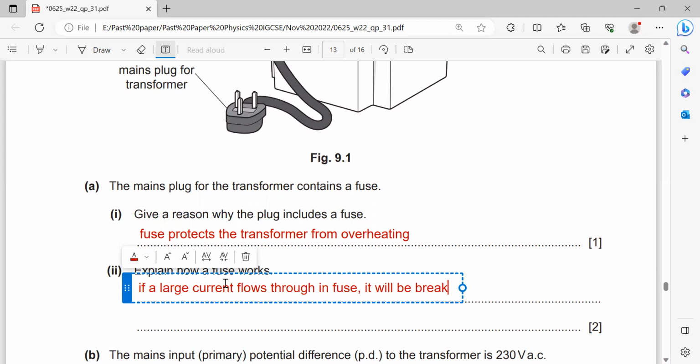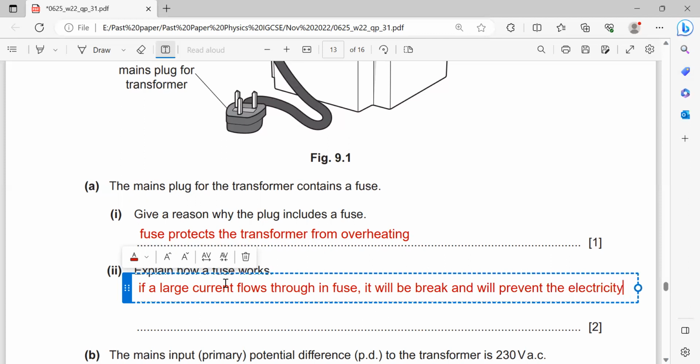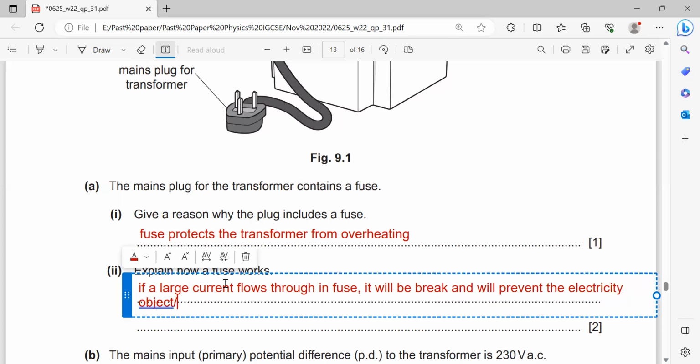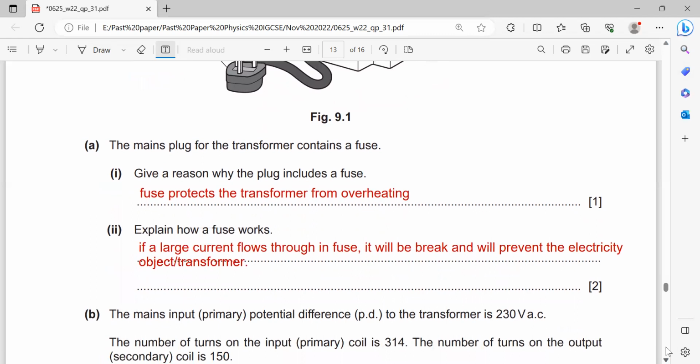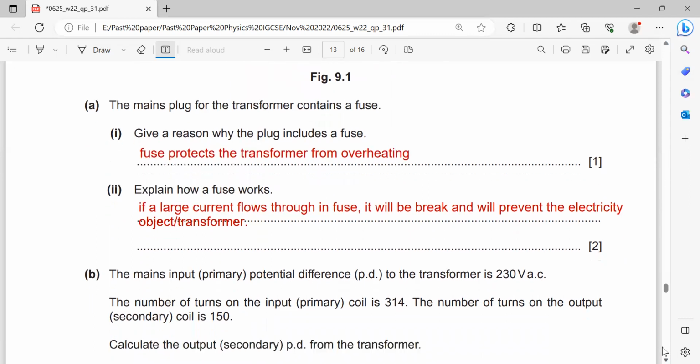And it will prevent the electricity from reaching the transformer. Yes, it will prevent the transformer from overheating.